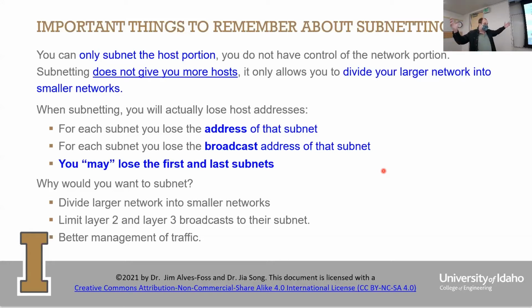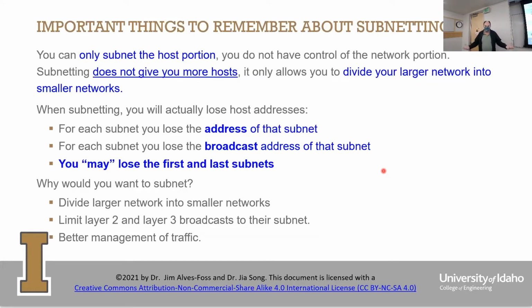What it allows you to do is divide a larger network into smaller networks. And you actually lose host addresses when you do this, because for each subnet, you lose the address of the subnet, that .0. Each subnet, you lose the broadcast address of that subnet. You may lose the first and last subnets too, because typically people never use a .0 subnet.